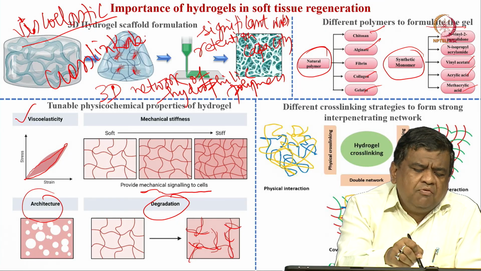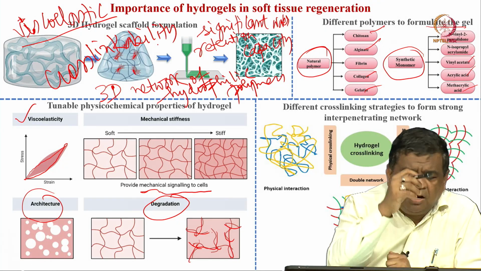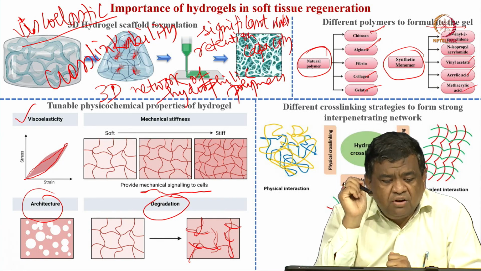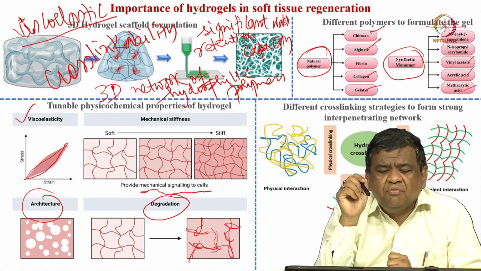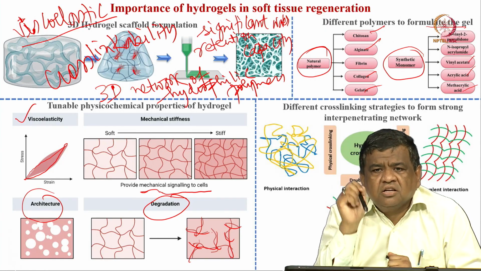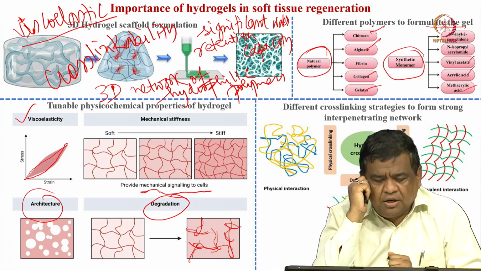So, I mentioned 4 keywords to define hydrogel: one is the 3D network of hydrophilic polymers, one is the viscoelastic property, one is cross-linkability, and one is significant water retention capacity. These 4 keywords are very important to describe and define any hydrogel.